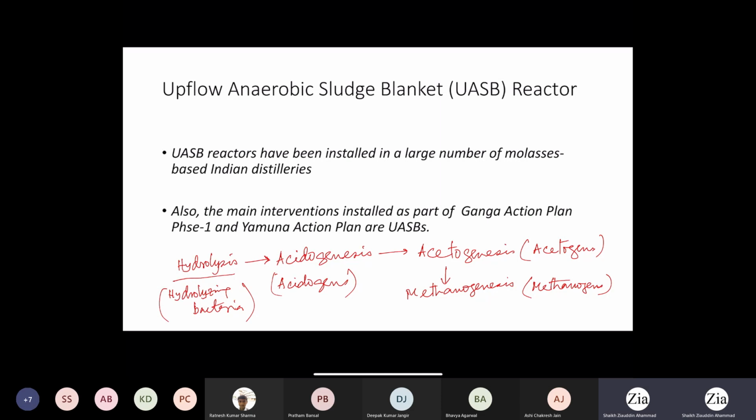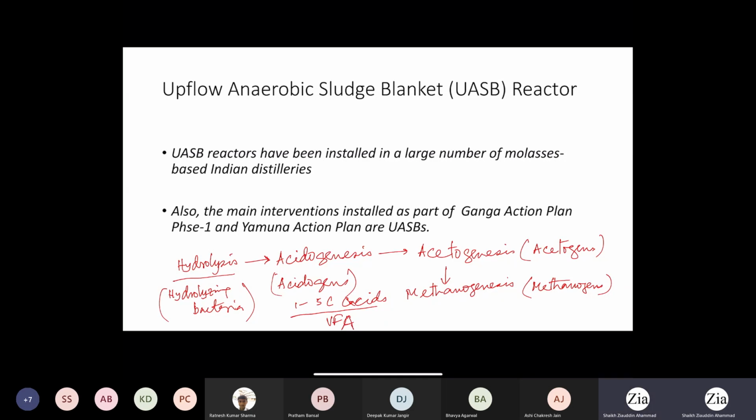So then acidogens, they will produce certain volatile fatty acids, like 1 to 5 carbon acids. Like formic acid, acetic acid, propionic acid, butyric acid, valeric acid, different volatile fatty acids they will produce, VFAs.